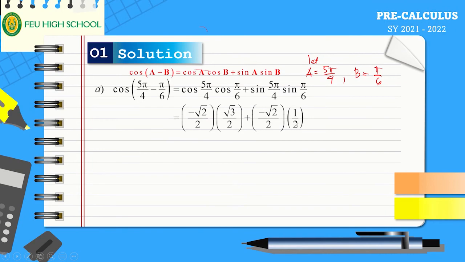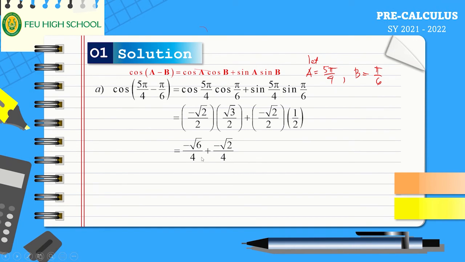Okay, and once you simplify this, notice that there are two fractions, so numerator times numerator, denominator times denominator. So, negative square root of 2 times square root of 3 is negative square root of 6, kasi negative times positive, negative. And then square root of 2 times square root of 3, multiply lang natin yung 2 and 3. So, you'll get a 6.